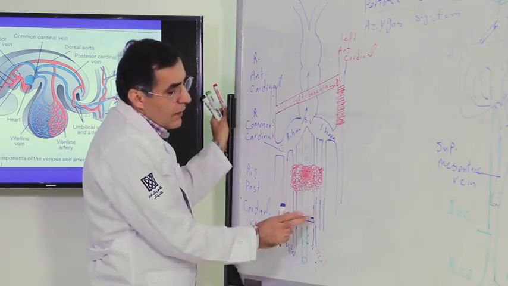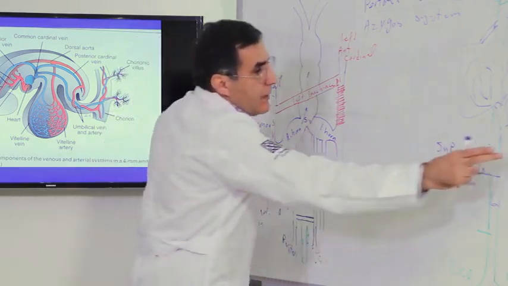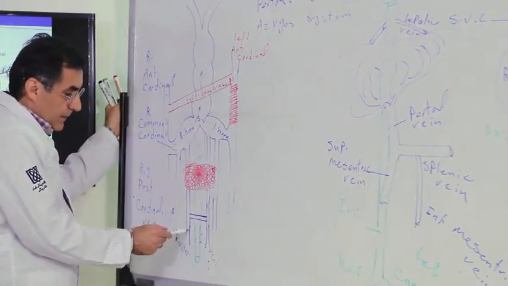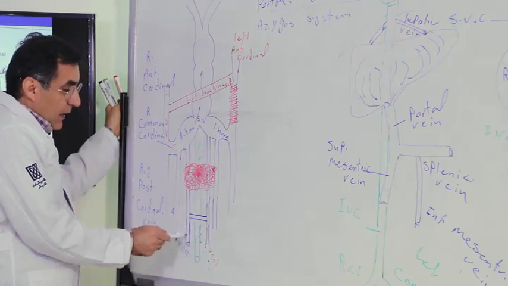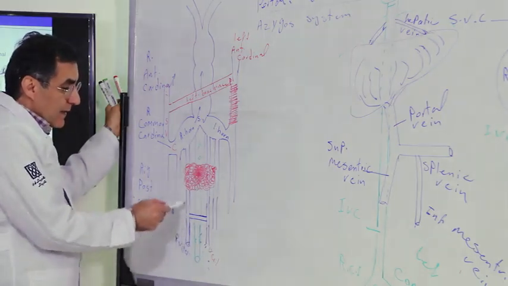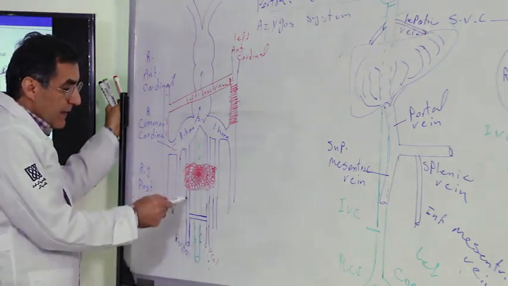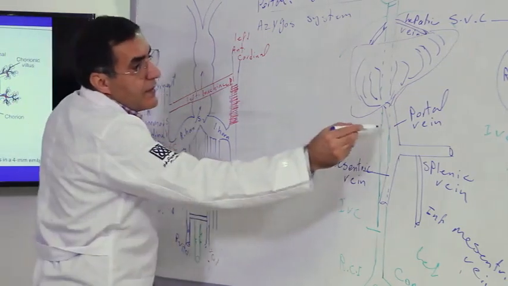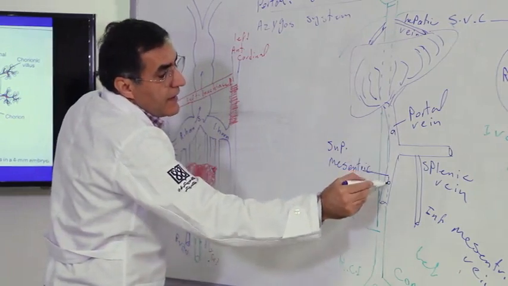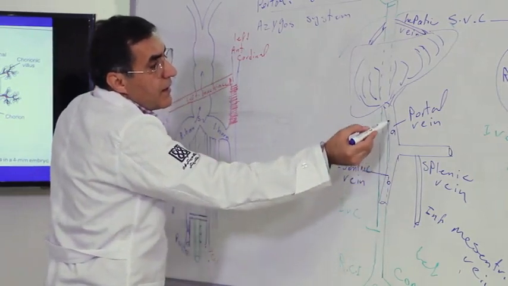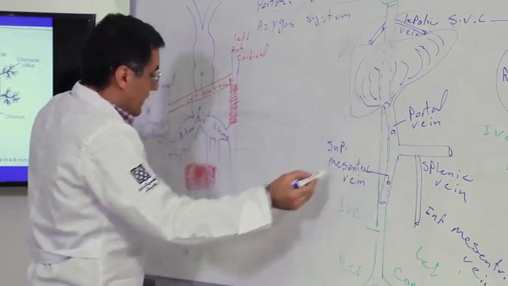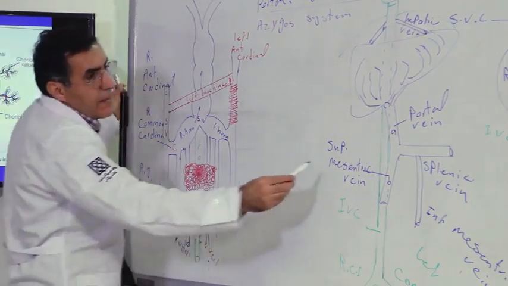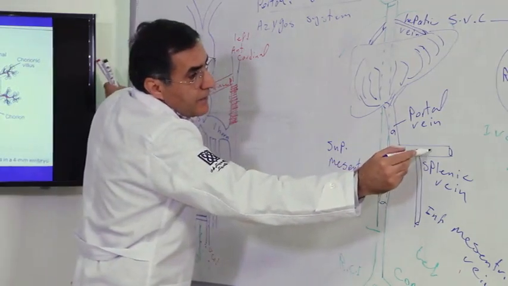And if you compare this picture with this one, you can see that the right vitelline vein here is making the superior mesenteric vein and the portal vein, and this communicating vein is making the splenic vein.